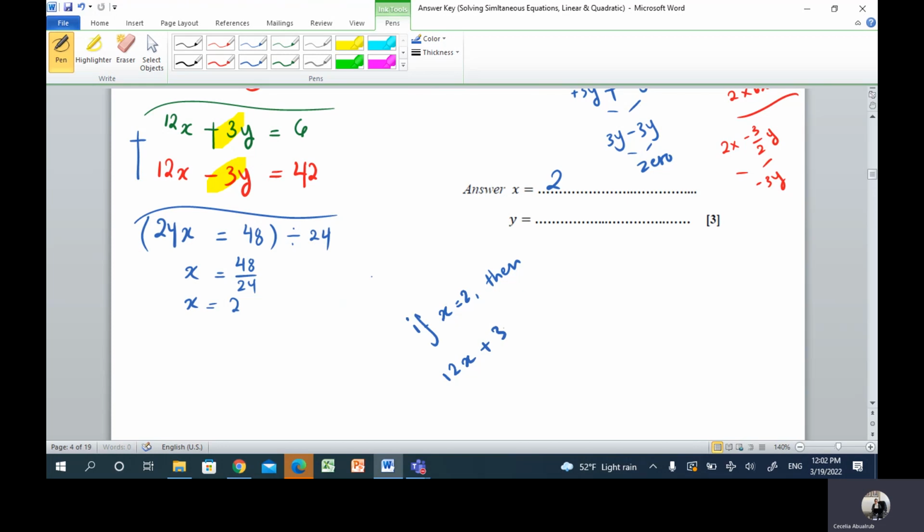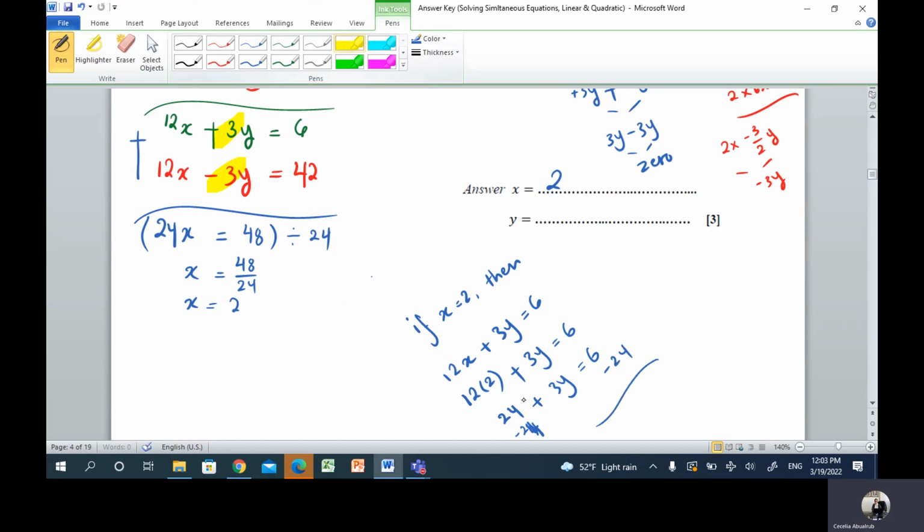12x plus 3y is equal to 6. Let's substitute the value of x. 12x means 12 times x, which is 12 times 2, plus 3y is equal to 6. 12 times 2 is 24, plus 3y is equal to 6. Solve for y by applying opposite operations. So minus 24 on both sides.